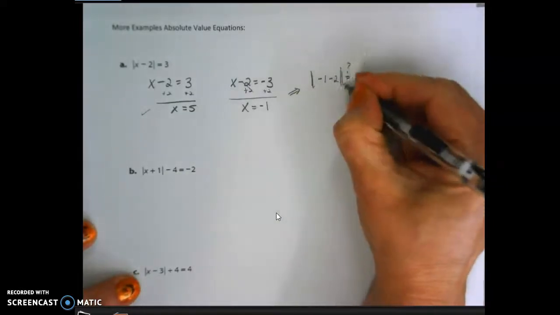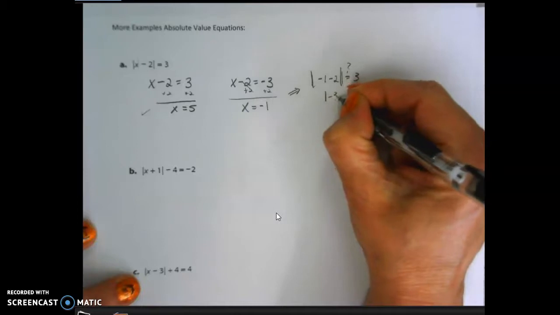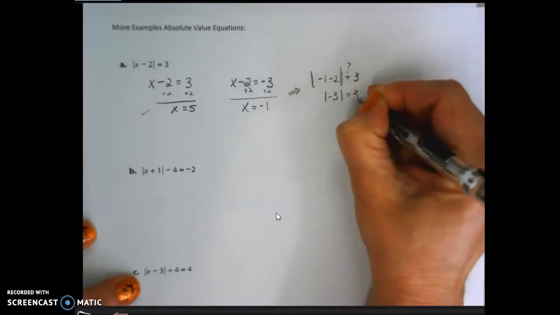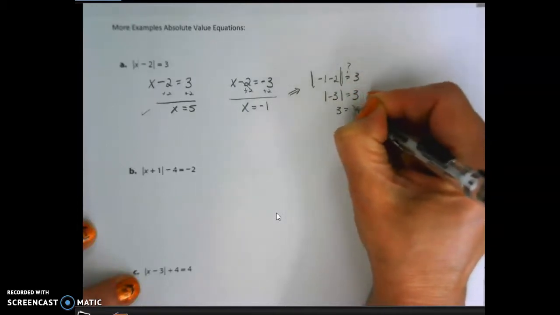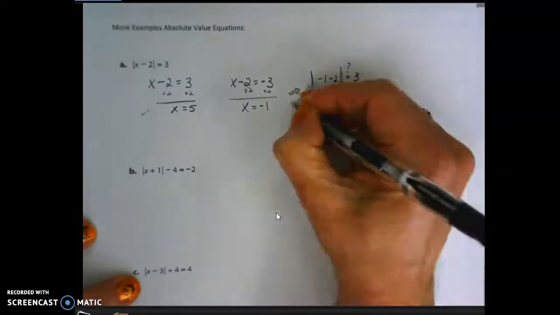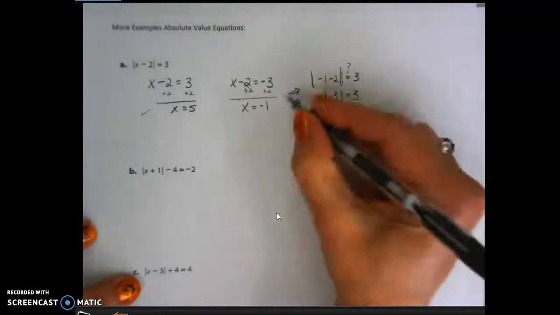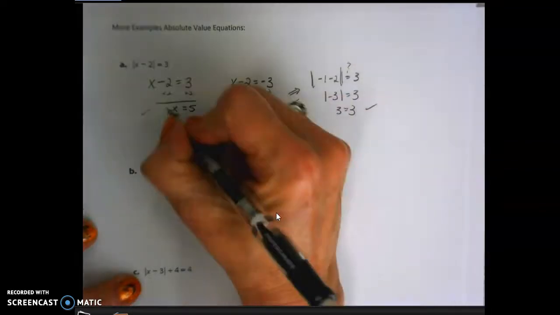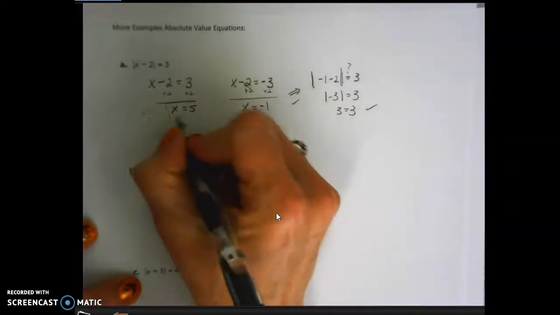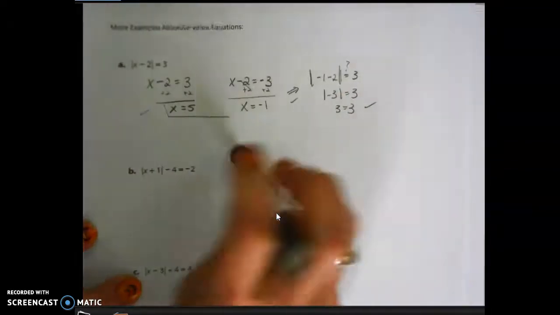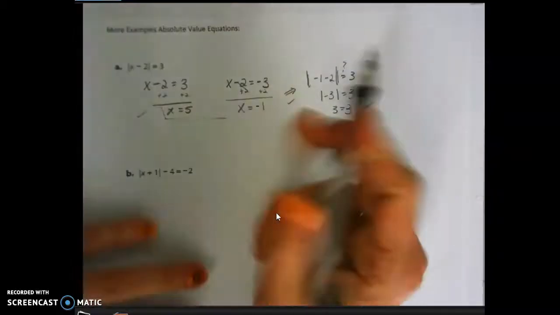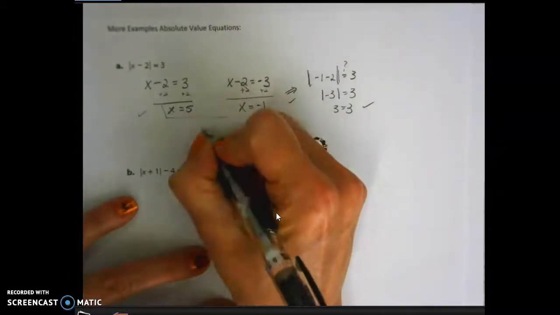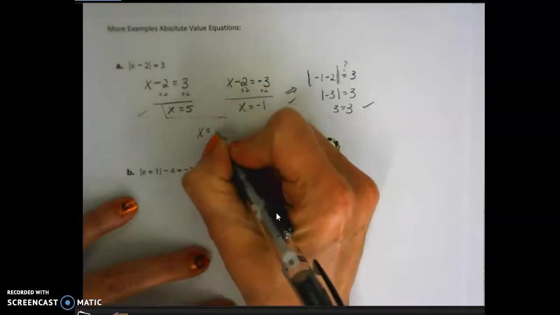Make my bars a little bigger. -1 minus 2 is -3. And the absolute value of -3 is 3. So that one checks out as well. You have to check your answers to make sure they work. But once they do, you can box these well. You know what? I'm going to be good and write a separate line that x equals 5.